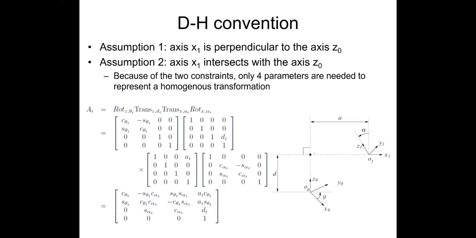This means this axis and this axis must have an intersection so that we can find the d and the a. With these two assumptions, we add constraints so that if we want to achieve the two-frame transformation, we can use four parameters: theta i, di, ai, and alpha i.